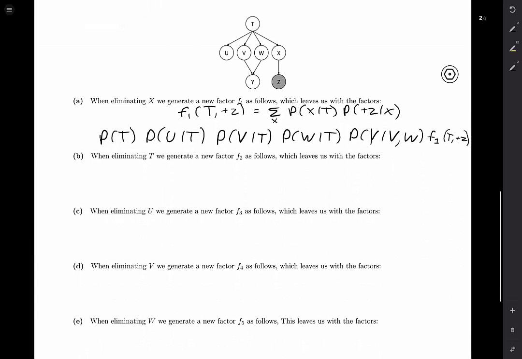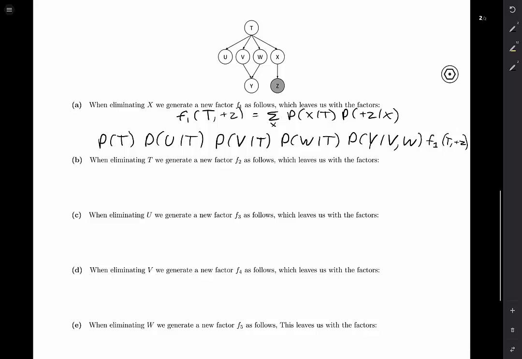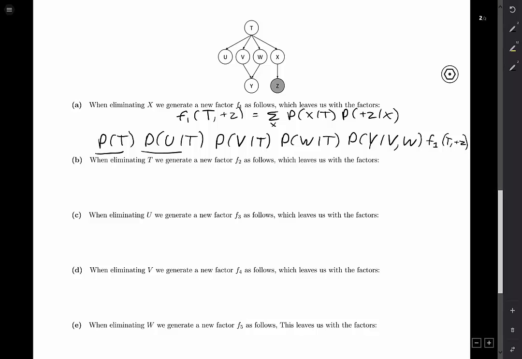Cool. So now we eliminate t. So let's underline everything that involves a t, which is everything except this one. So now we create a new factor f2, a function of everything else except t in the underlined factors. So we have a u, we have a v, we have a w, we have a plus z.